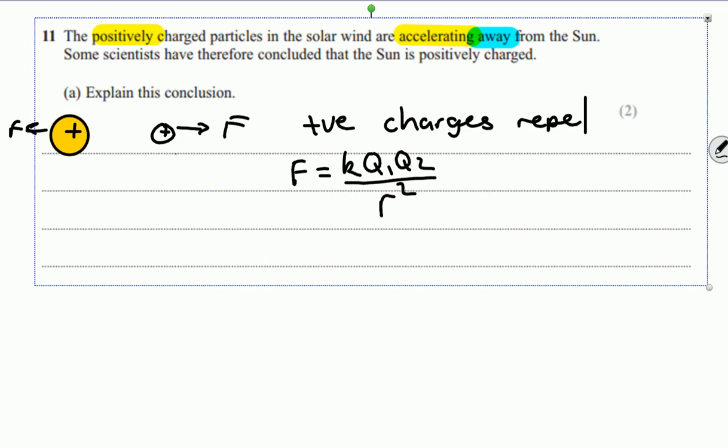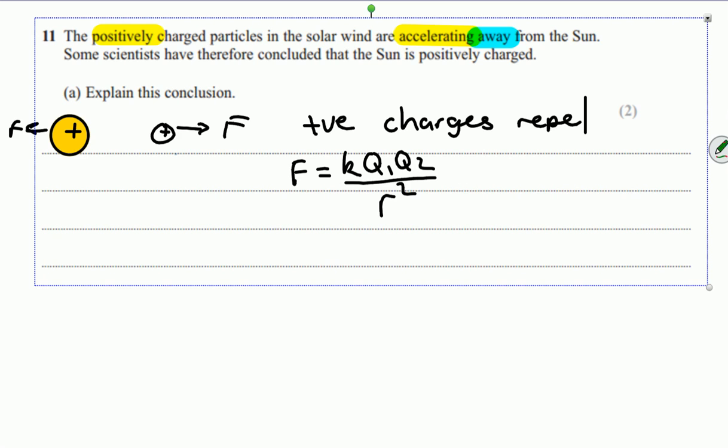Have we explained why it's accelerating? What does that force do to cause an acceleration? F is equal to ma, easy.